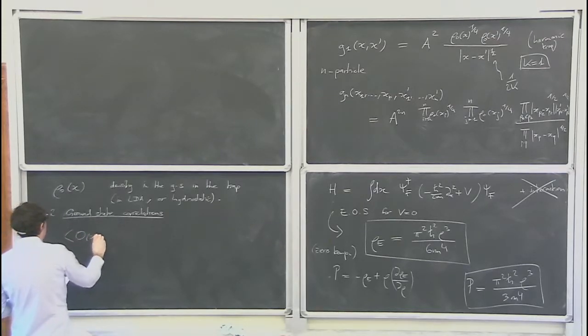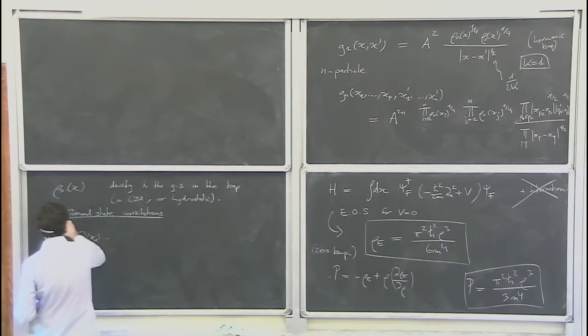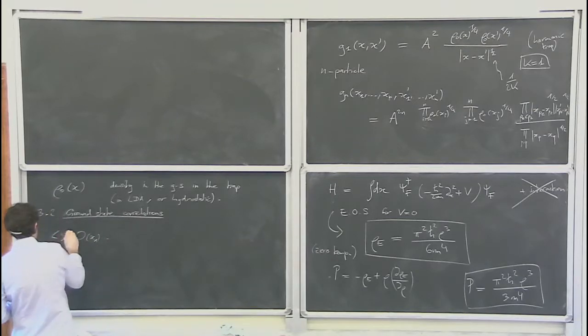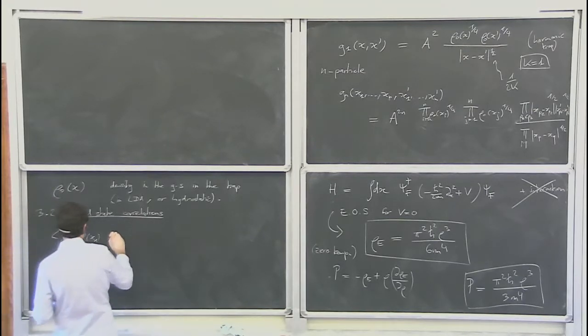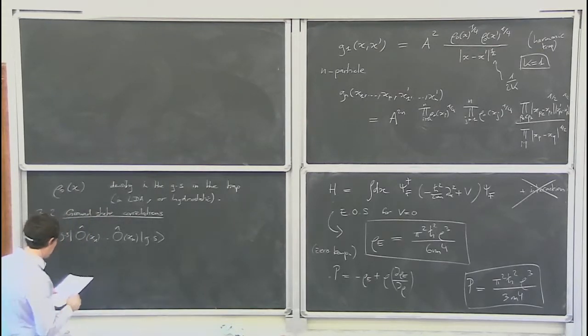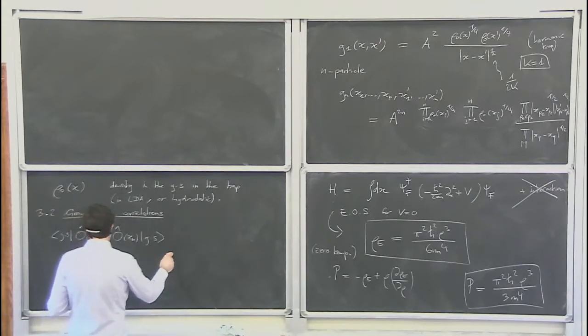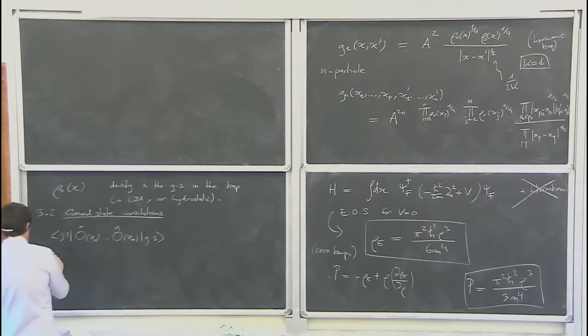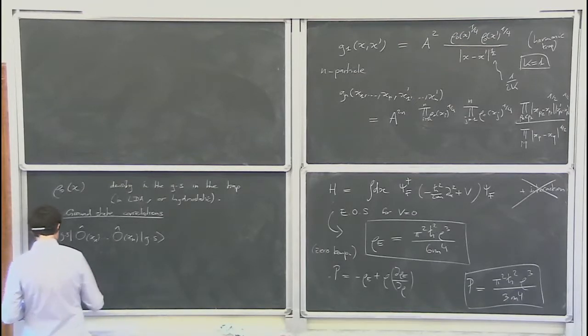We would like to be able to calculate correlation functions like this of some observables at different points. And it's a useful trick to think of this as being the zero temperature limit of a finite temperature correlation function.